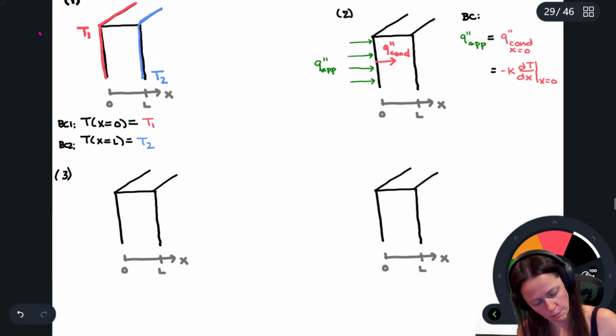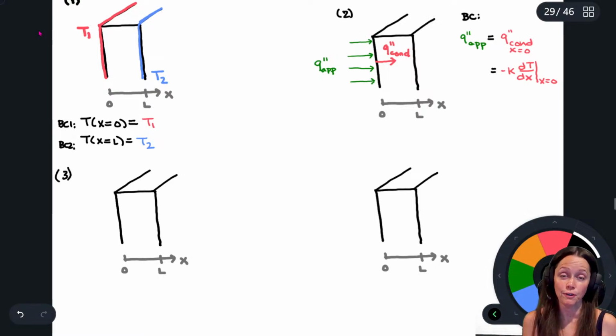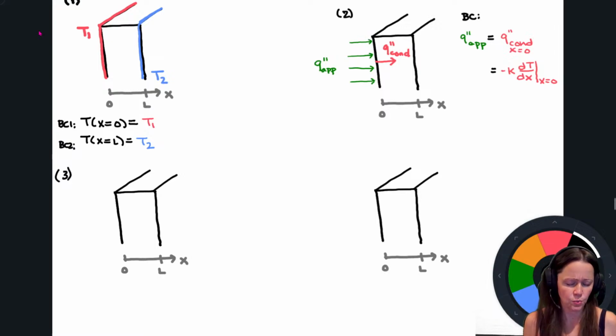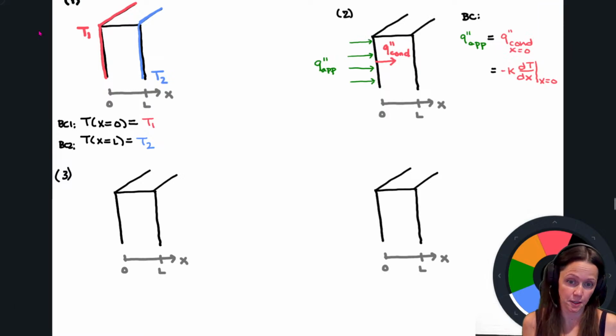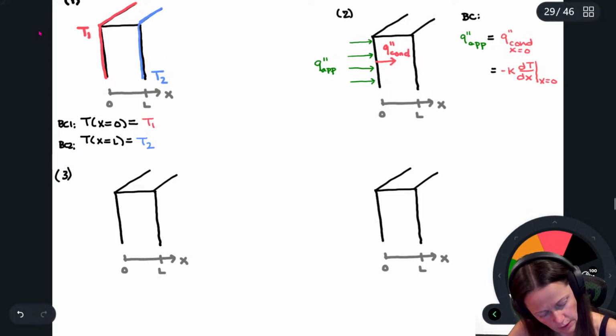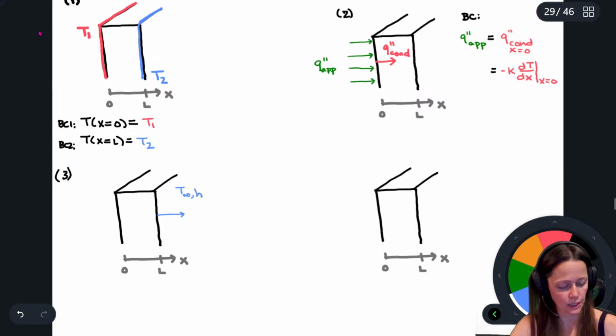All right, so option number 3, we have a convective boundary condition. And actually we've got two cases here that we could look at. Maybe I have convection on the right-hand side. That might be a little bit more familiar. So you have some convective condition over here.